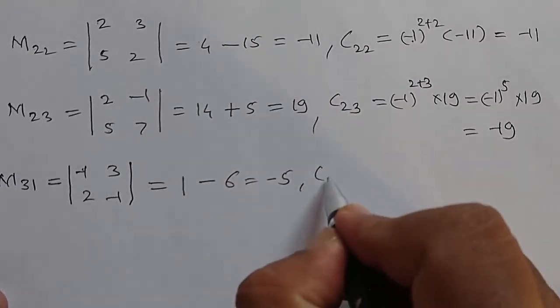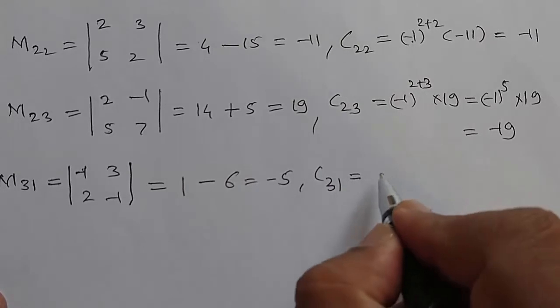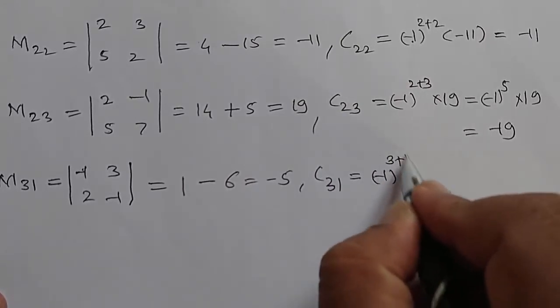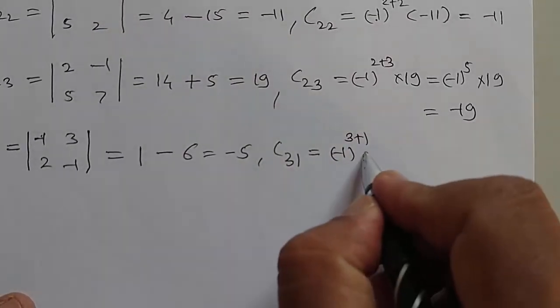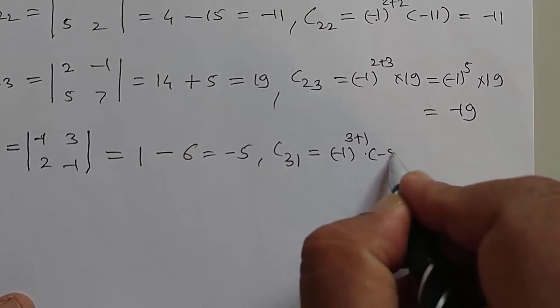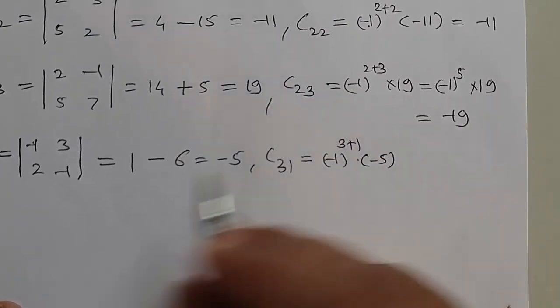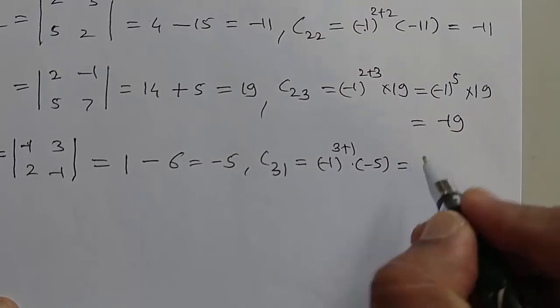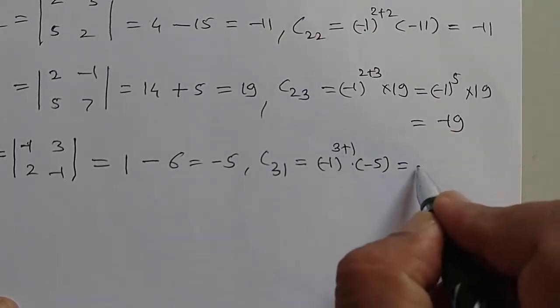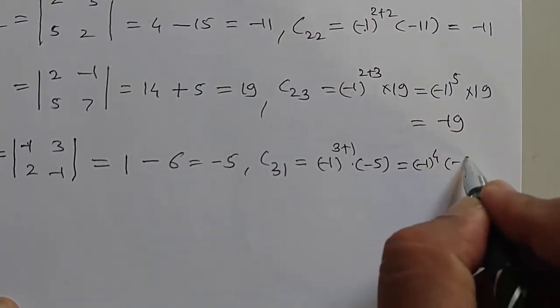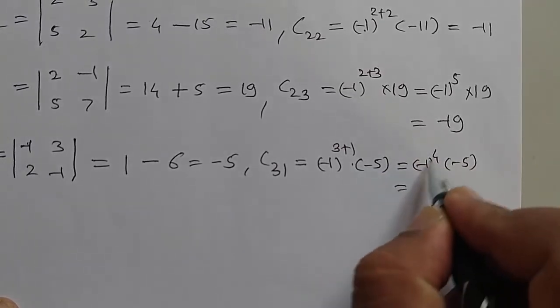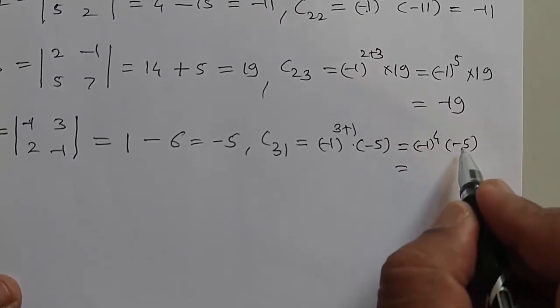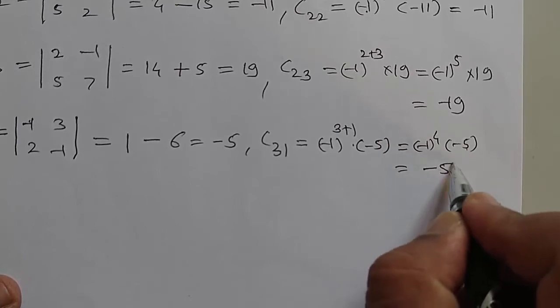Therefore, now cofactor is C31, minus 1 raised to 3 plus 1 into minus 5 minor, is equal to minus 1 raised to 4 into minus 5. Minus 1 raised to 4 is positive and multiply by minus 5. So, it is minus 5.